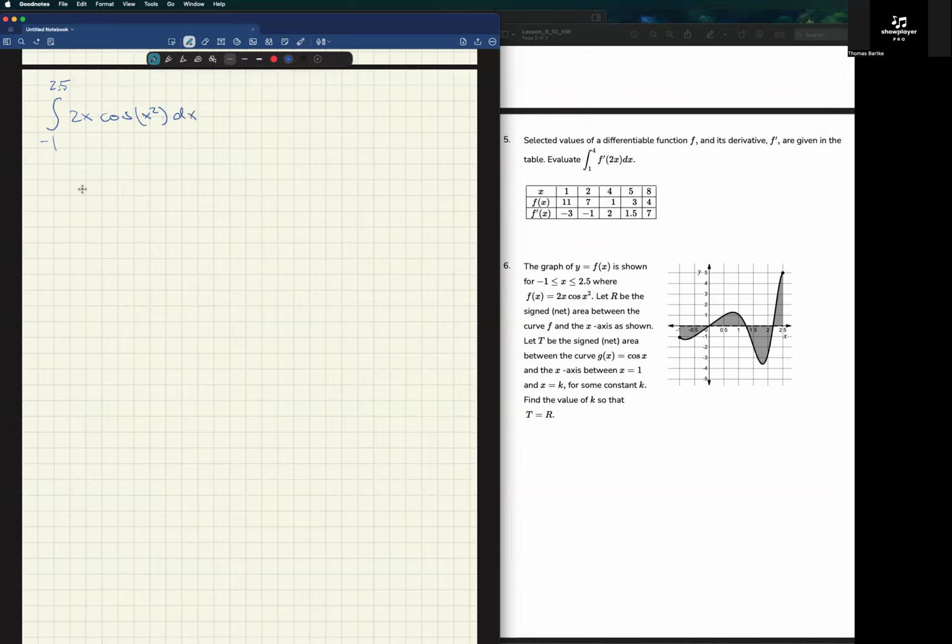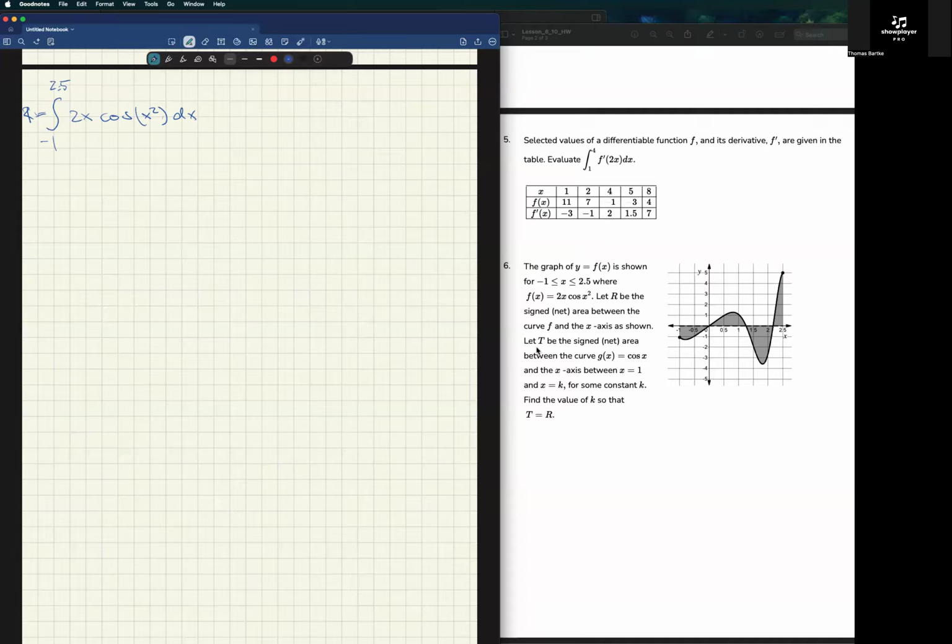And now we're supposed to find the difference between T and R. So this is R. R is this thing. I wonder if we even need to find R. R is the signed area between the curve and the x-axis as shown.